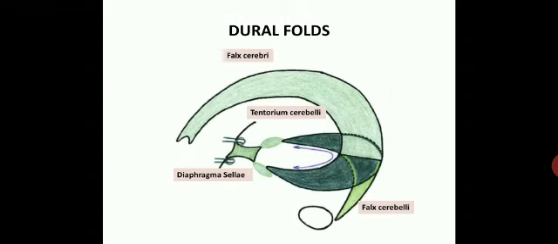So the 4 folds of the meningeal layer of the dura include the falx cerebri, tentorium cerebelli, falx cerebelli and diaphragma sellae.